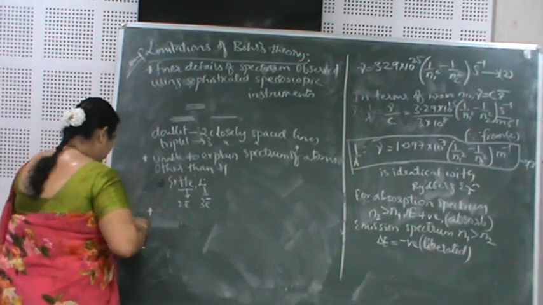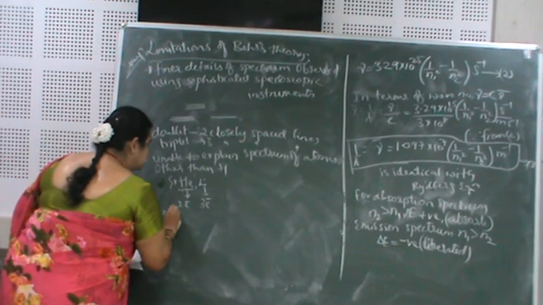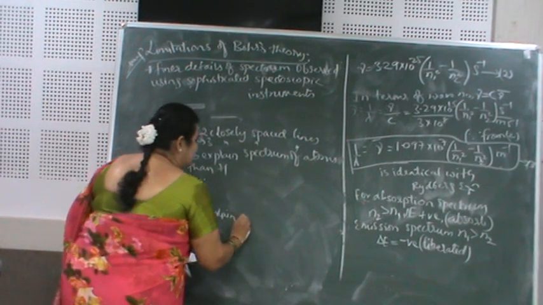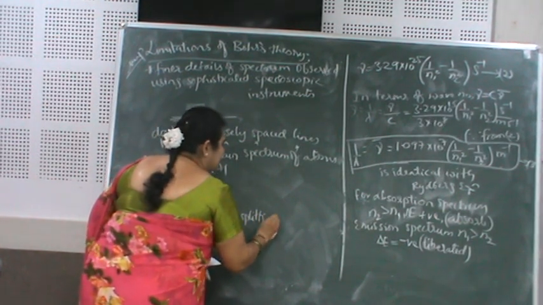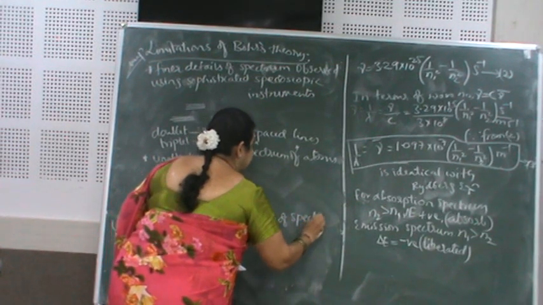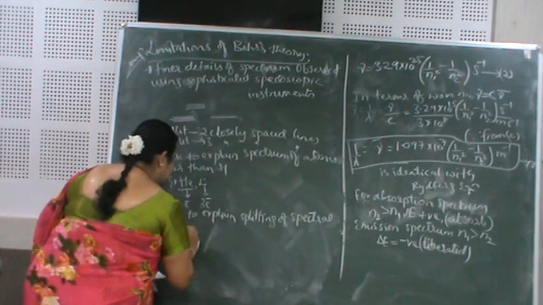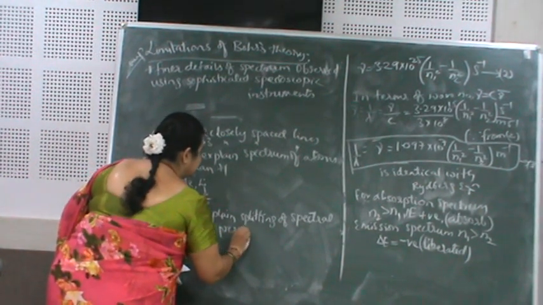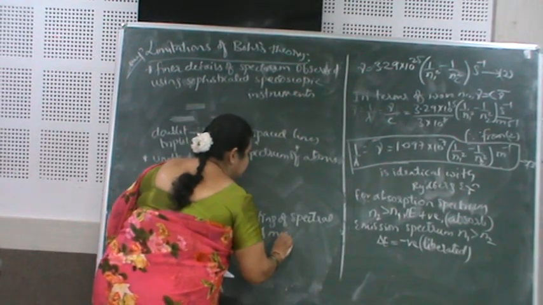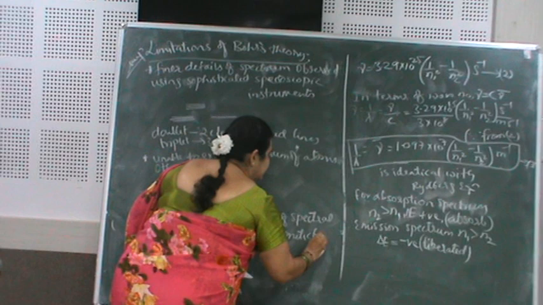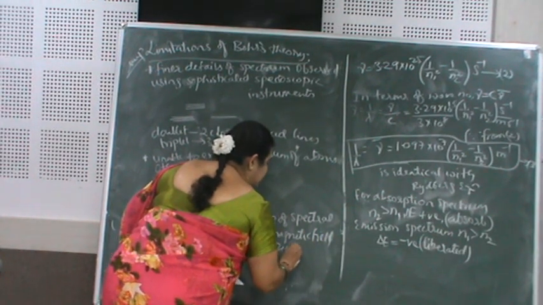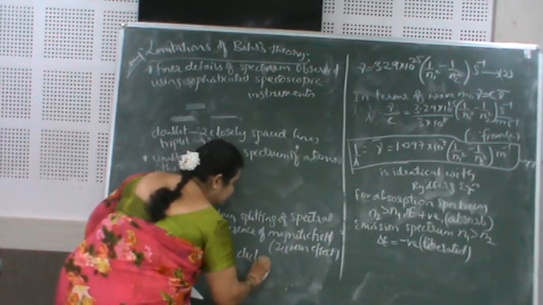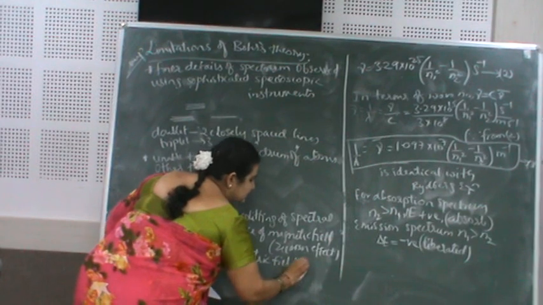Now the third limitation: it is unable to explain the splitting of spectral lines in the presence of a magnetic field, which is called the Zeeman effect, and in the presence of an electric field, which is called the Stark effect.